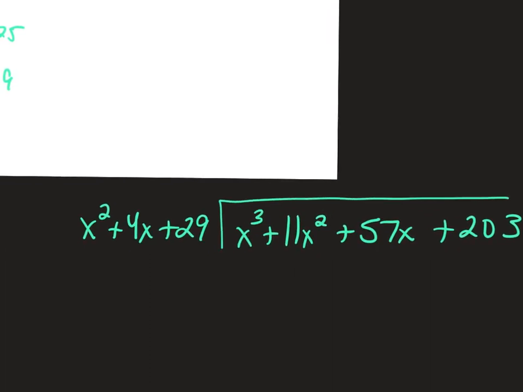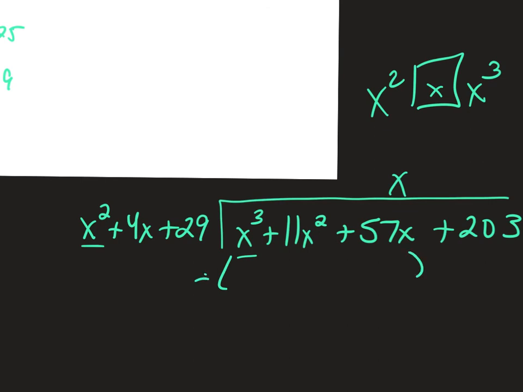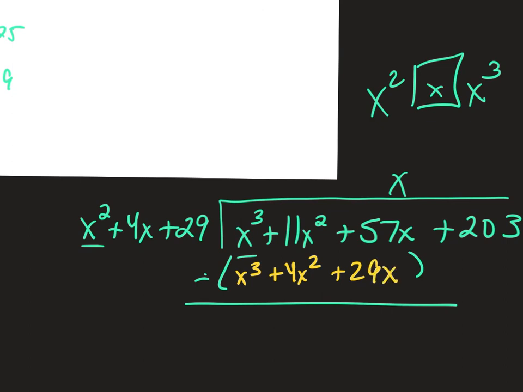So guys, first term into first term, x squared times what gives me x cubed? You guys are going to tell me x, so I'm going to put an x right here above my 57. Get your subtraction ready before you multiply. So we have x times x squared is x cubed. X times 4x is plus 4x squared, and x times 29 is 29x.